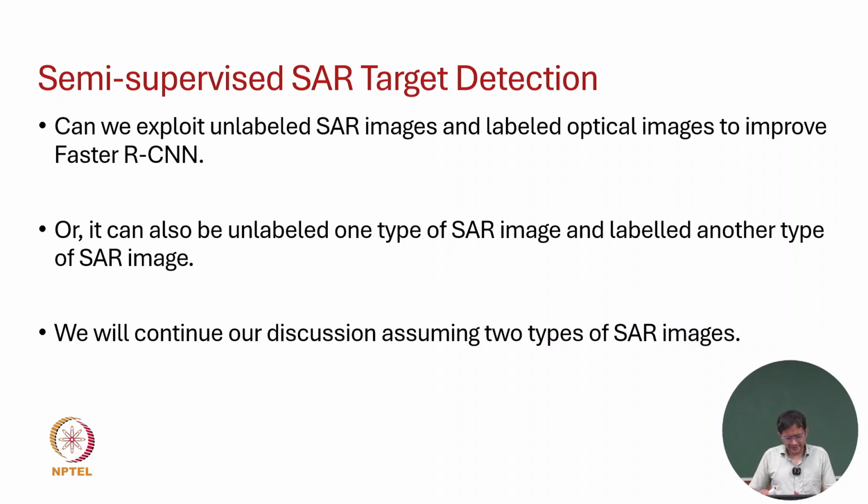The discussion that I'm going to do for the next couple of minutes assumes we are talking about these two types of SAR images, one which has the labeled images and the other which we don't have. However, the discussion will remain more or less the same even if we were thinking about the labeled one as optical images.